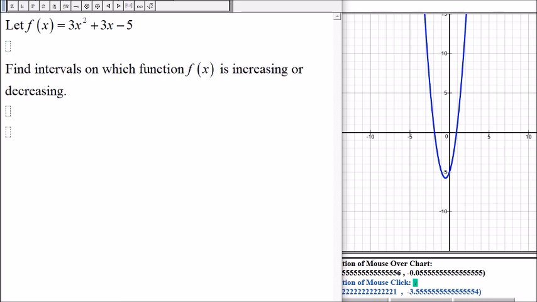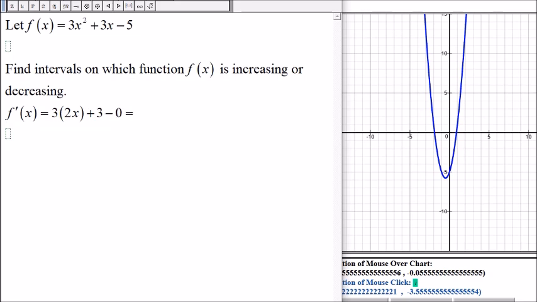And so first, let's find the derivative. And so the derivative of 3x squared would be 3 times the derivative of x squared, which is 2x, and then the derivative of 3x is 3, and the derivative of the constant negative 5 is 0.